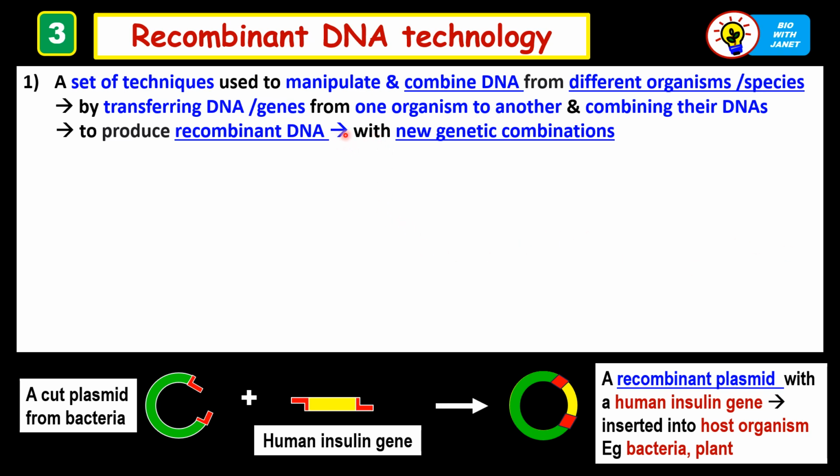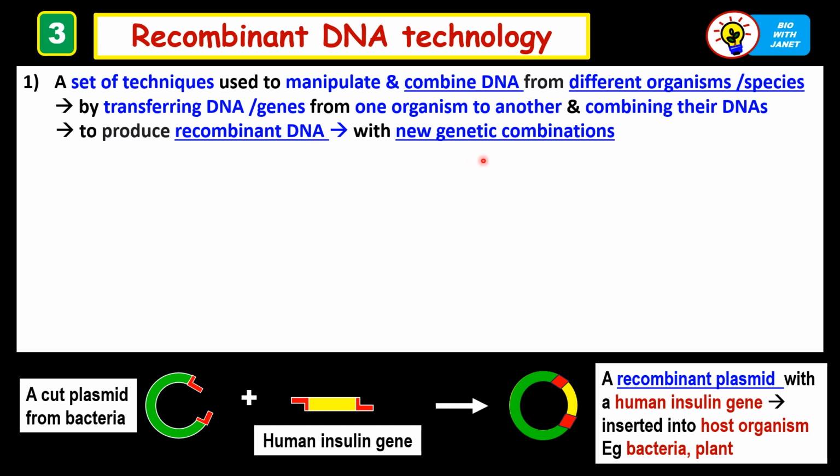Whatever it is, when the two DNA from the two different organisms are combined together, you will produce the recombinant DNA, which is the new DNA with new combinations of genes. So it's called recombinant DNA. The DNA has been recombined, as compared to the original organism, which is with its own combination of DNA segments or genes.